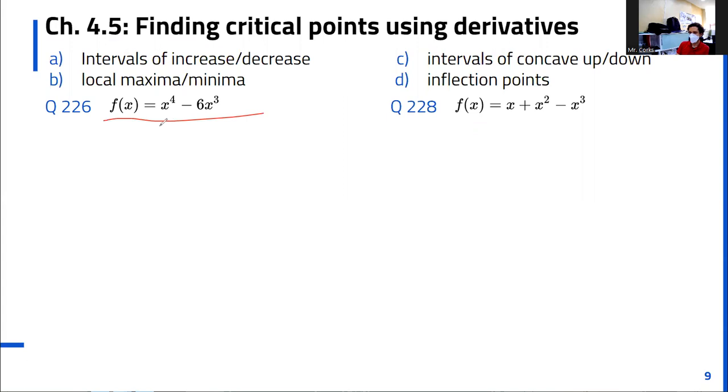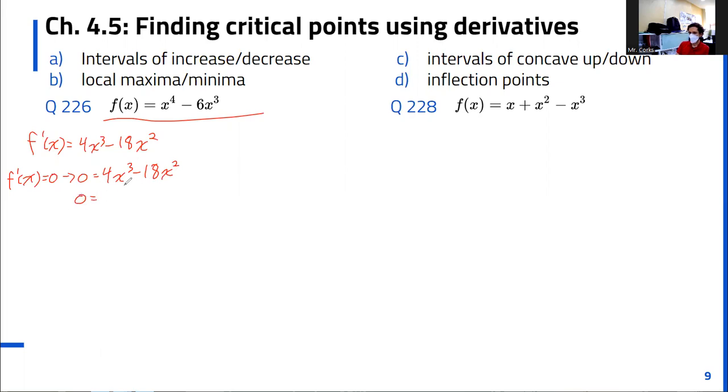So first derivative, 4x cubed minus 18x squared. Set that to 0.